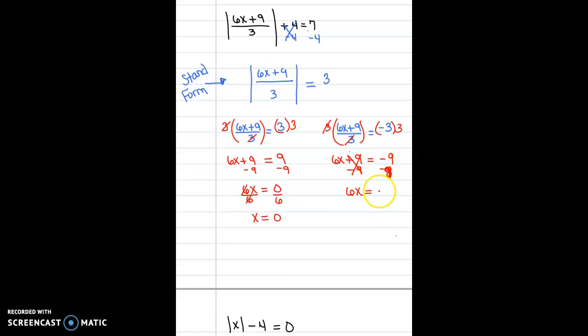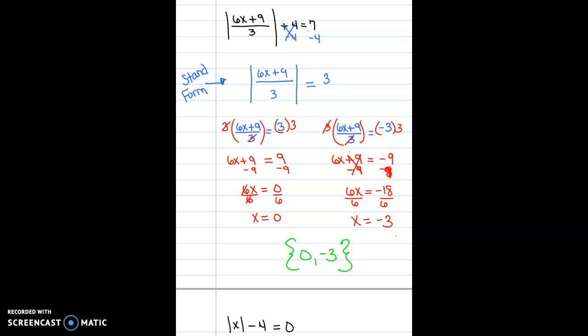Negative 9 minus 9 is negative 18. Divide both sides by 6, and I get x equals negative 3. So my two answers are 0 and negative 3. Remember, if the directions say solution set, you choose your squigglies from your keypad, you put in 0 and negative 3 separated by a comma.